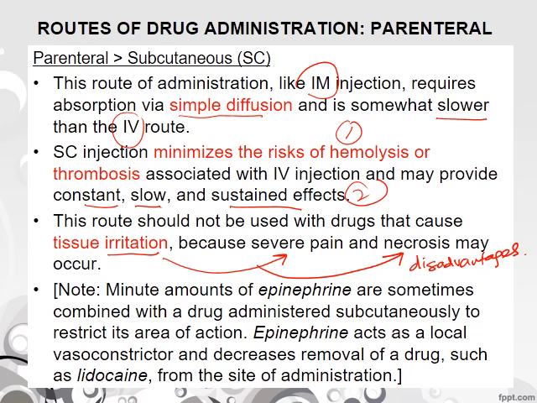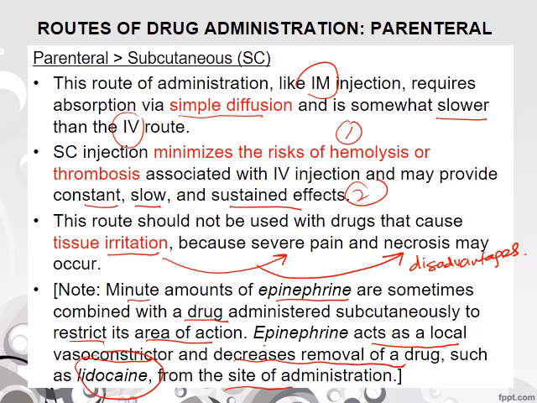Sometimes a minute amount of epinephrine is given with some other drugs to restrict the area of action. For example, epinephrine acts as a local vasoconstrictor, and it is given together with lidocaine to decrease the removal of the drug from the site of action.